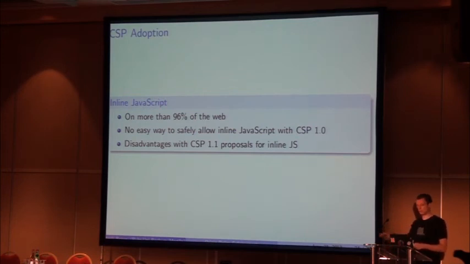Because, well, you can allow inline JavaScript with CSP 1.0, but then you're basically not doing any XSS mitigation, and there's little point in doing CSP anyway. And if you want to hear about the disadvantages with the new proposals to do inline JavaScript in a safer way, I can talk about it later in the question part.